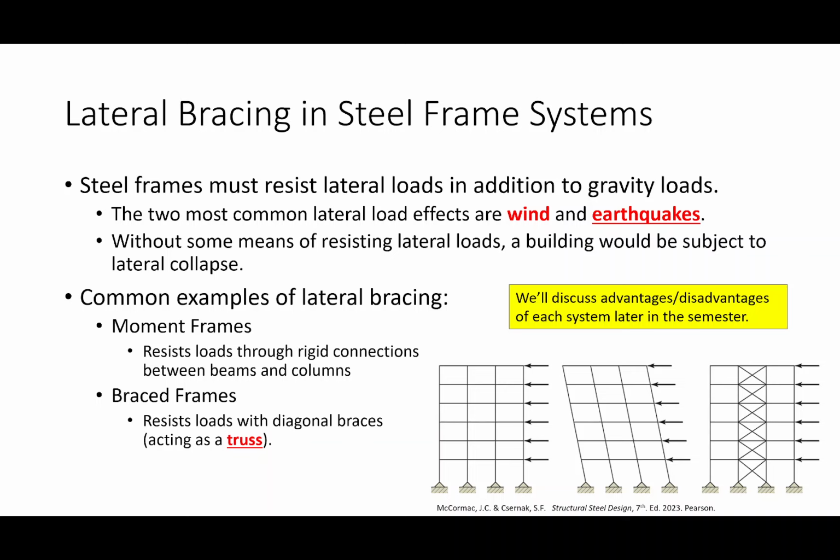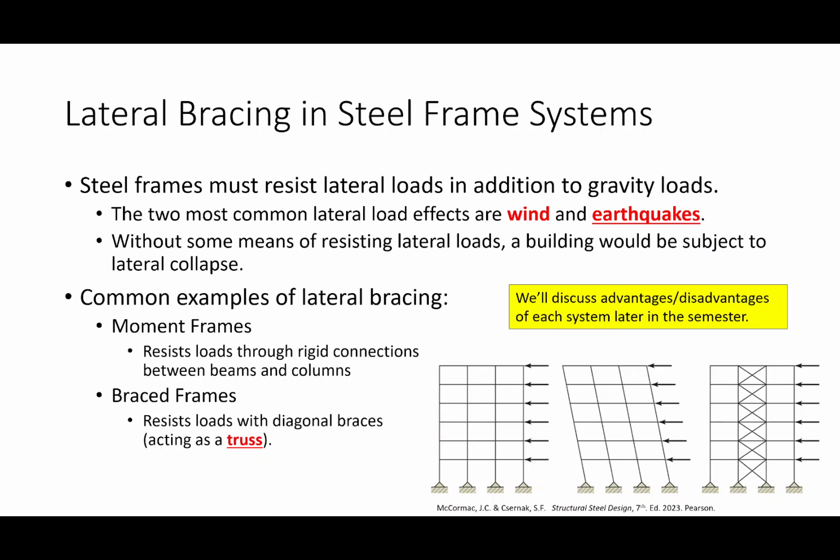Now, the two most common lateral effects that we need to deal with are wind and earthquakes. I'll say that in this area of the country, we don't have too high a seismic demand. But everybody's got to deal with wind. Without some means of resisting lateral loads, the building's going to be subject to collapse.